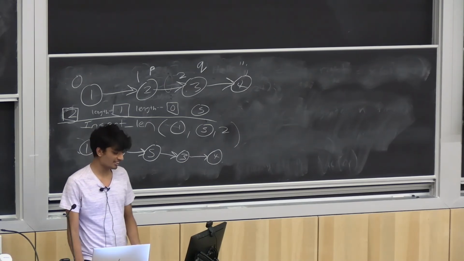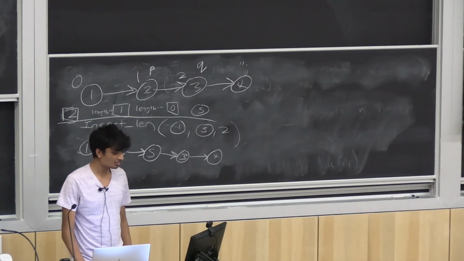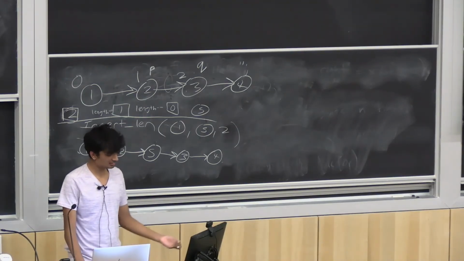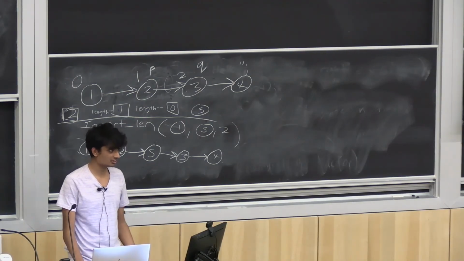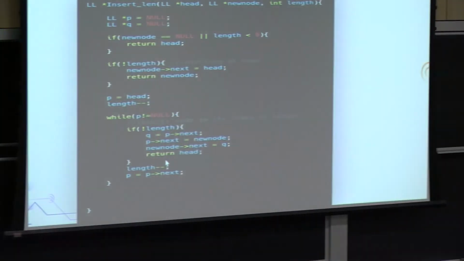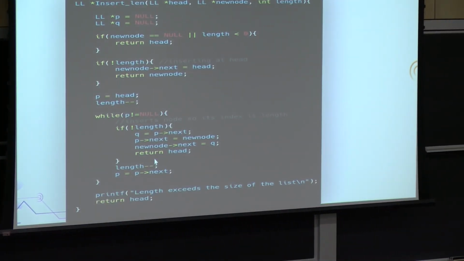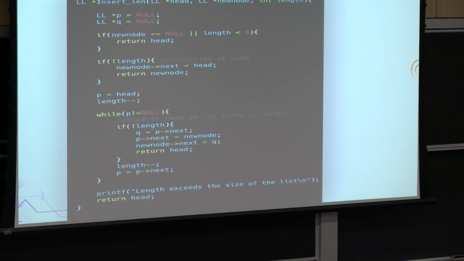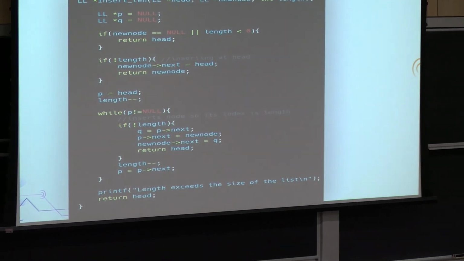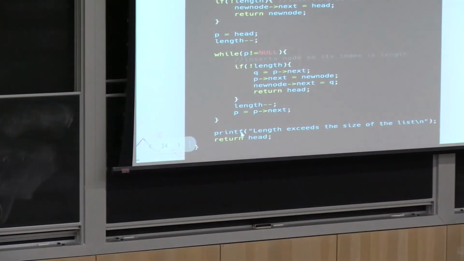Now the final case is if this while loop terminates and we're still in this function. That means we haven't returned anything yet. In this case, the length exceeds the size of the list. The reason why is because we know length, after all this iteration, after the while loop, if we reach the final 2 lines here, length is greater than 0.